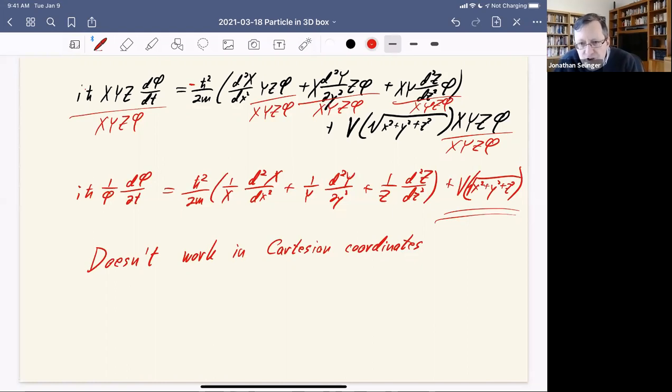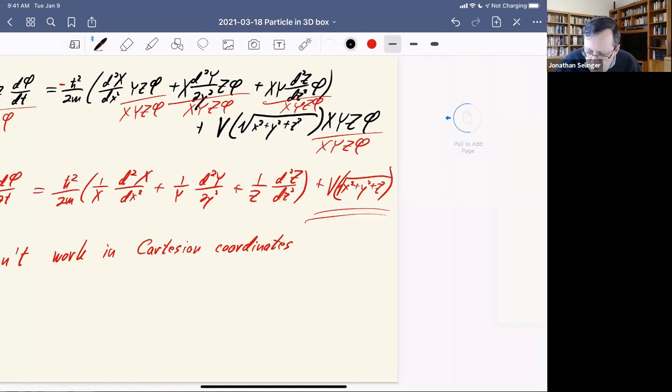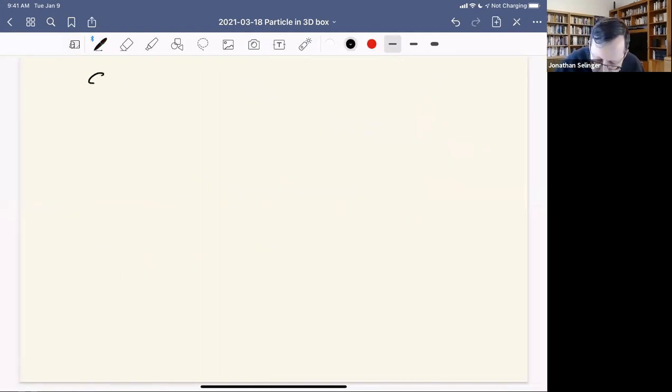Maybe there's some other coordinate system that is naturally suited to the symmetry of the problem. And so in fact, that is the case. Okay, and so the point is, instead of using Cartesian coordinates, let's try using spherical coordinates instead.